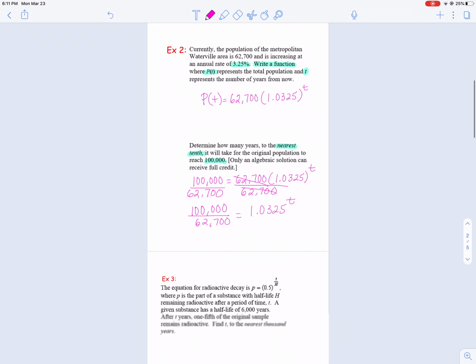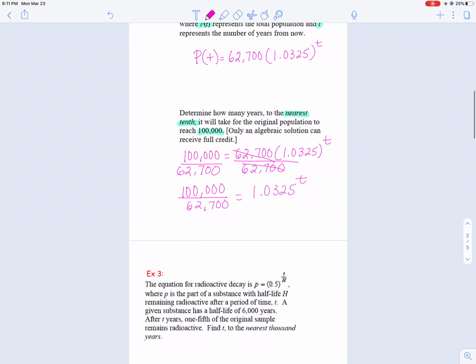Now you're going to use logs. Remember, a log is an exponent and the base never changes. So here's your base, 1.0325, log of 100,000 divided by 62,700, and that's going to equal your exponent of t.